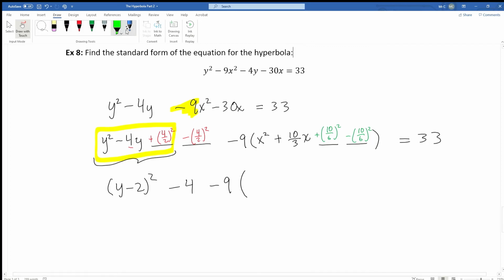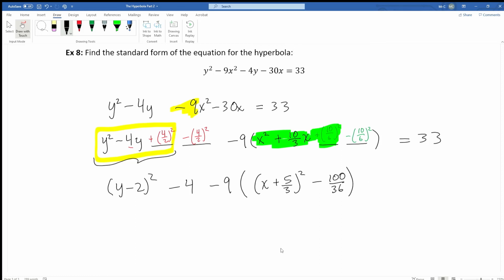And now, when I take a look at this x squared plus 10 over 3x plus 10 over 6 squared, that's going to factor into x plus 10 over 6, or 5/3. Let's simplify that a little. It's 5/3 squared minus, and this 10 over 6 squared is 100 over 36, which I'll simplify a little further momentarily. And this whole thing is equal to 33.